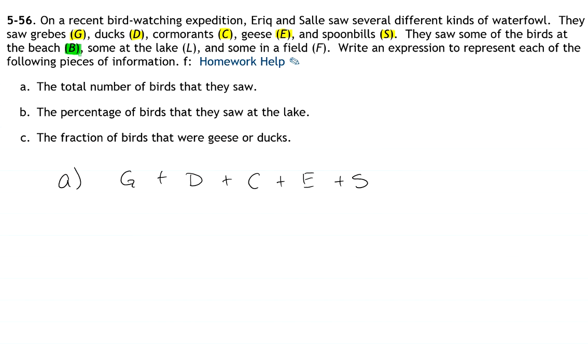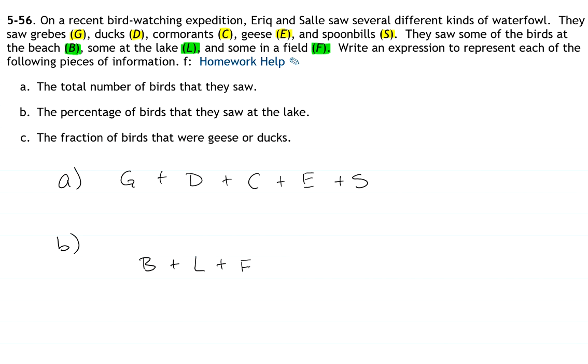If these variables represent how many birds they saw at each location, B at the beach, L at the lake, and F in the field, then the total number of birds seen would be B plus L plus F. That's based on where they were seen.